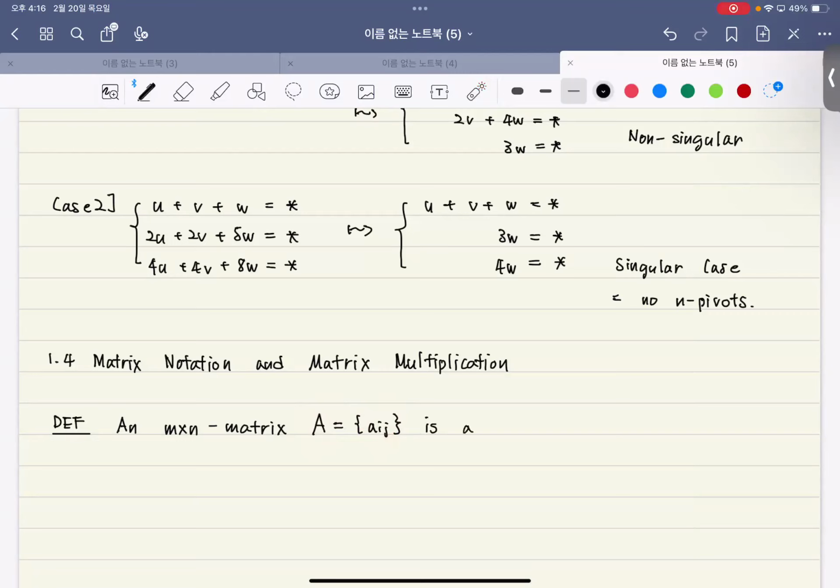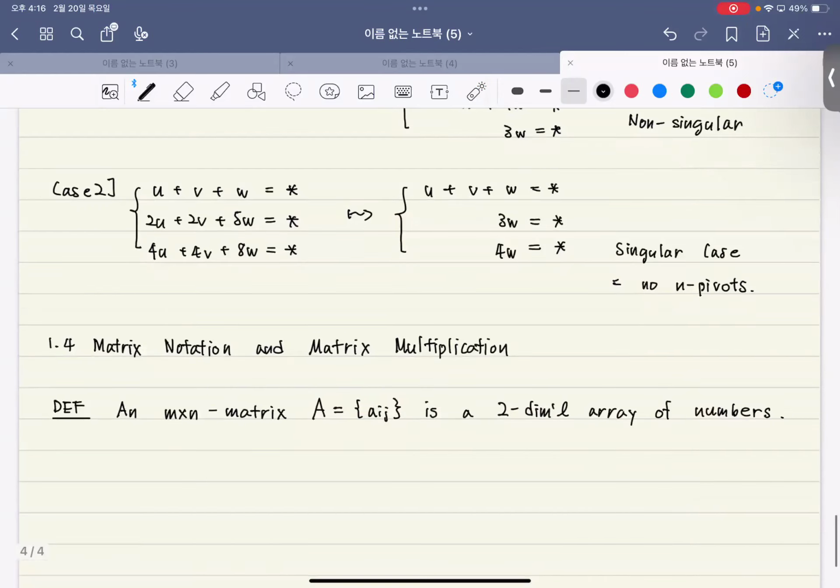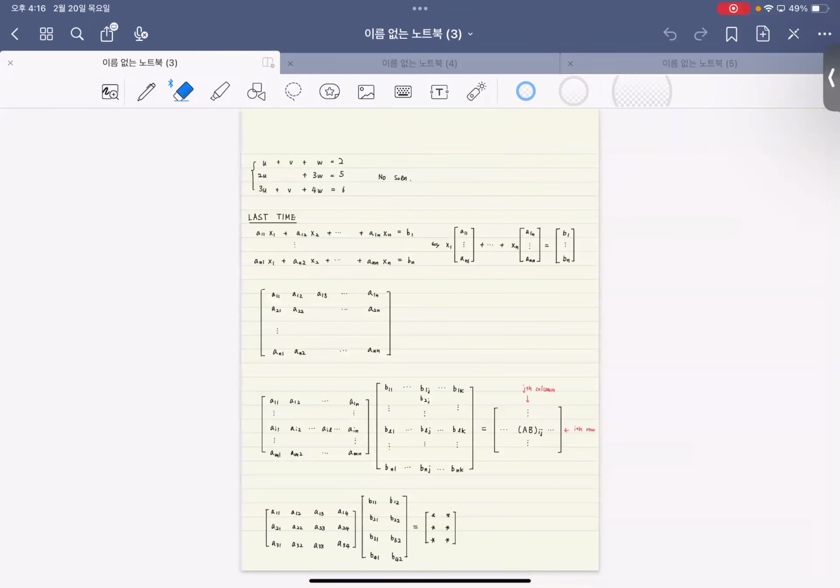What is a matrix? It is a two-dimensional array of numbers, which looks like, sorry, I don't want to spend too much time drawing the matrix.